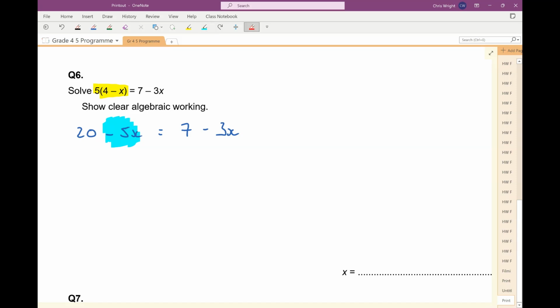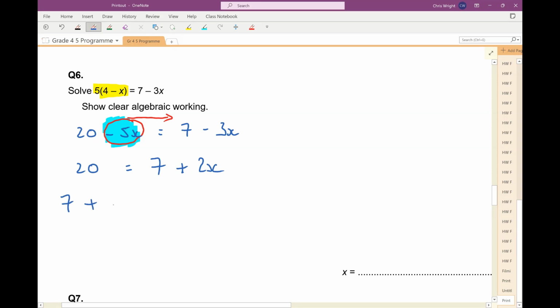So I'm going to float and ping those to the other side. 20 equals 7. Now, I used to have minus 3x's, and I'm plussing 5x's. So on my calculator, minus 3 plus 5 is plus 2x's. I'm going to turn that round. 7 plus 2x equals 20.